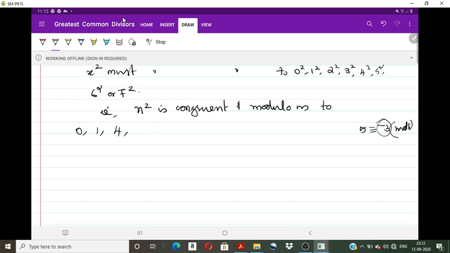Then 7 square: 7 is congruent to minus 1 modulo 8, so 7 square is congruent to 1 modulo 8. So the square of x is congruent modulo 8 to one of the numbers 1, 0, 1 or 4.